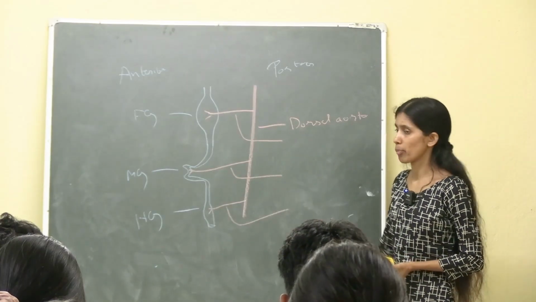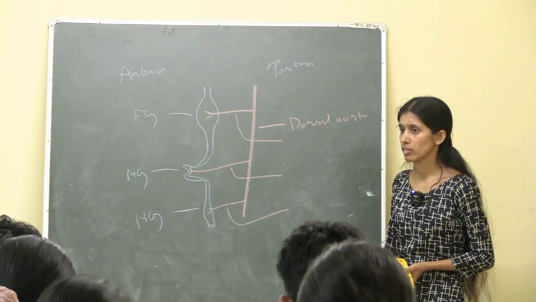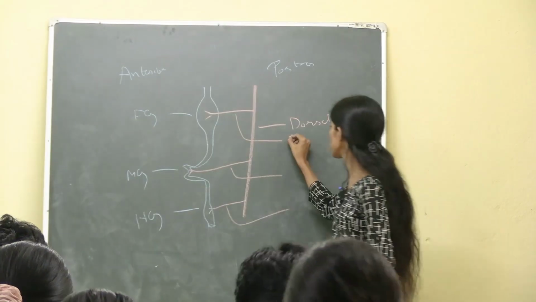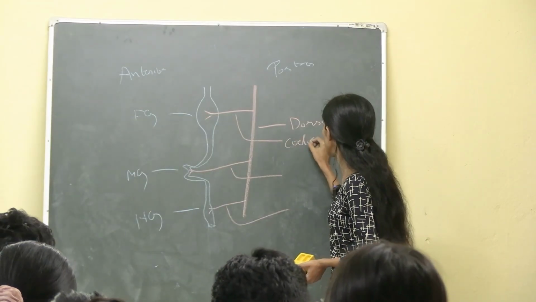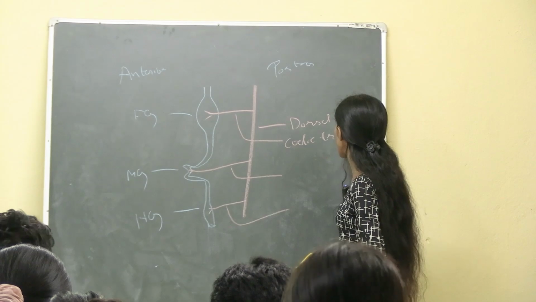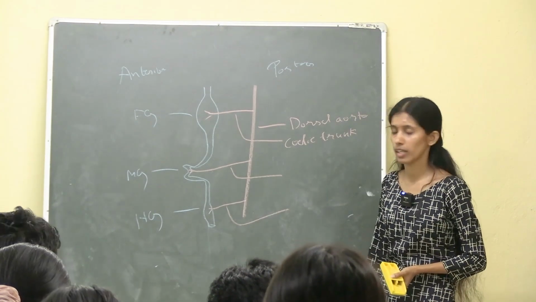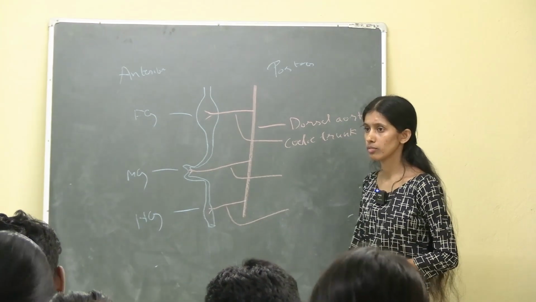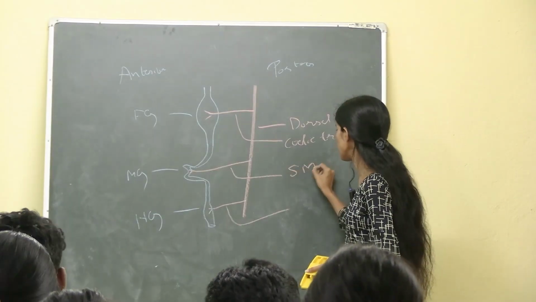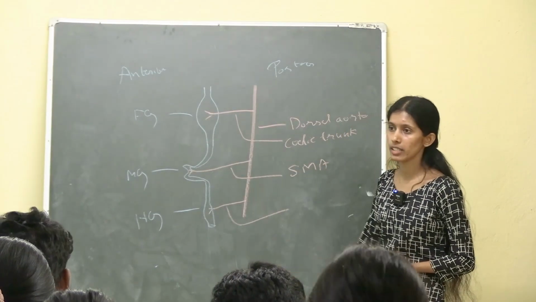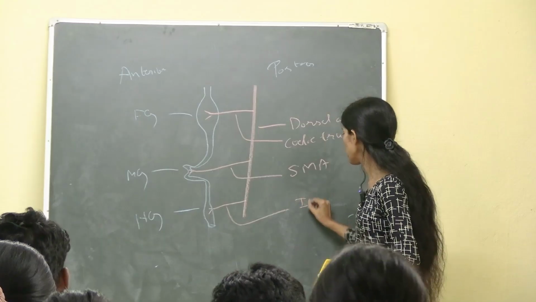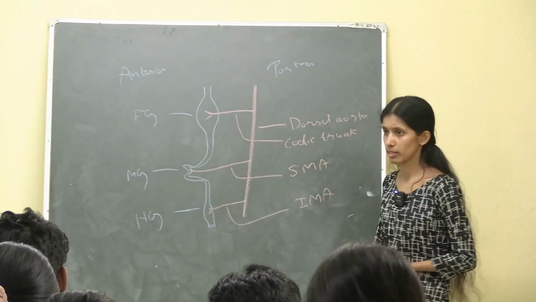Your foregut is supplied by the celiac trunk. What about the midgut? Superior mesenteric artery, and the hindgut is supplied by inferior mesenteric artery.